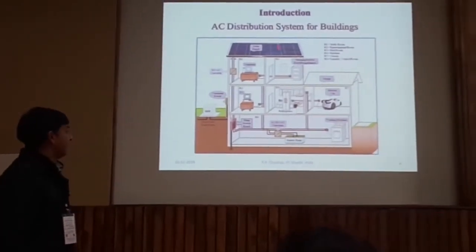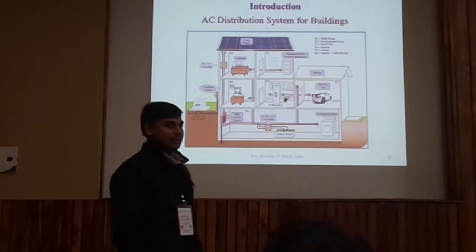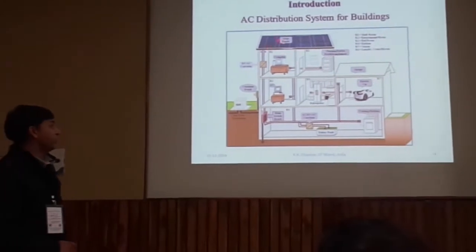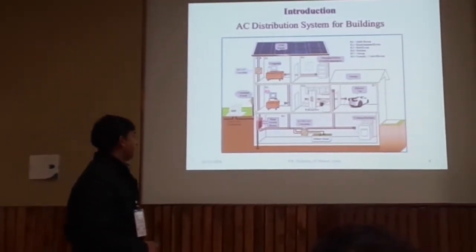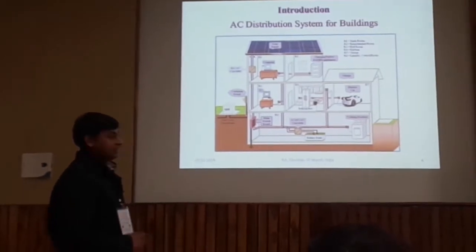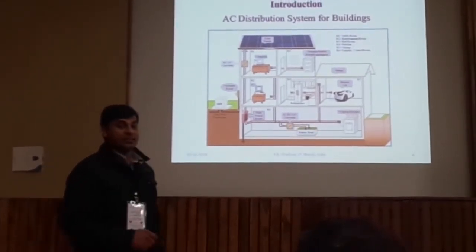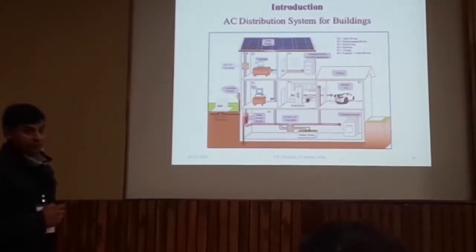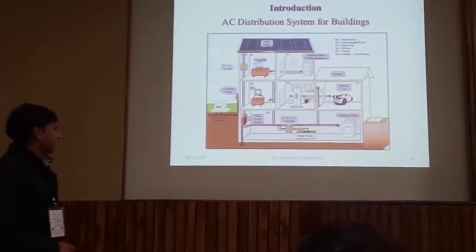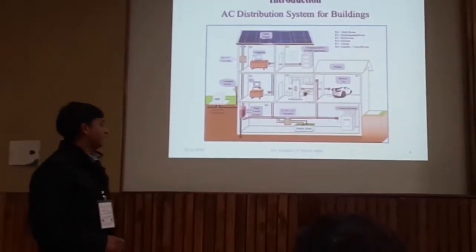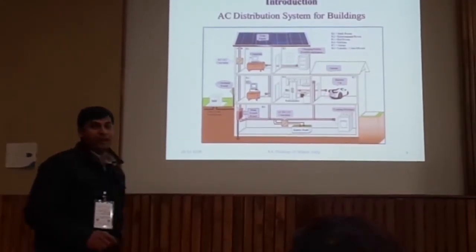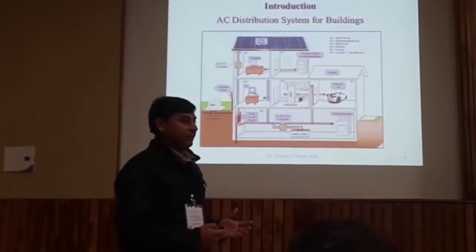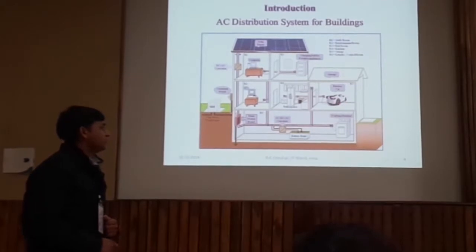This is the existing layout of buildings in India as well as in other countries. If we introduce renewable energy sources, then we have to interconnect DC to AC converters with our existing AC distribution system inside the buildings. Again, our electronic appliances like computers, TVs, mobile phones, and even hybrid vehicles, which are basically a battery, use a DC supply.